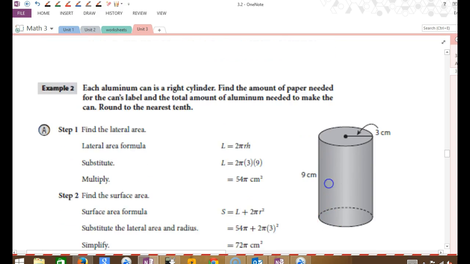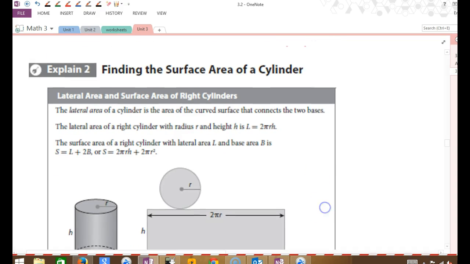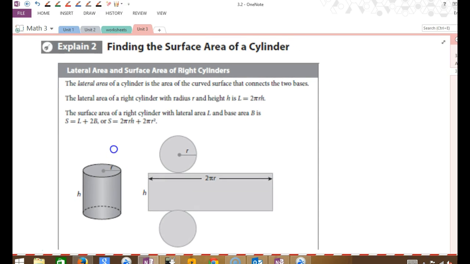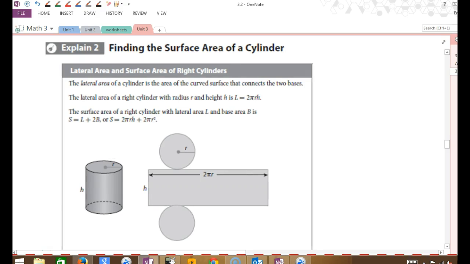That was rude. Okay, so the next part of this is just finding the area of a cylinder. Really, finding the area of a cylinder is not any different than finding the area of a prism. The only difference is now we know the base is a circle. What's the area of a circle? Pi r squared.